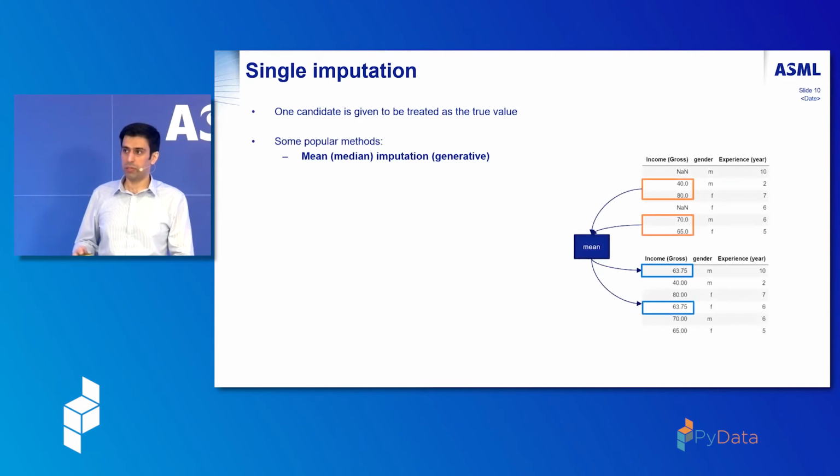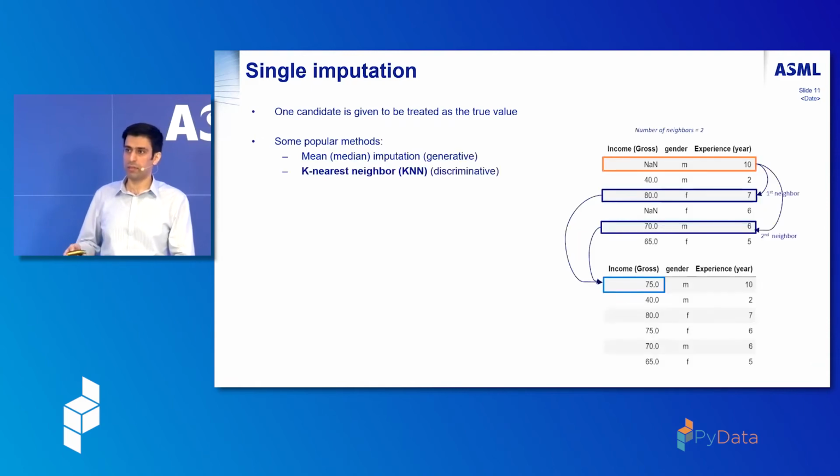As for the single imputation, maybe this is the most common type of imputation we do. As I explained, we want to have one complete version of the data, and there are a number of approaches. You can just go to the literature and you'll find tens of them. Some examples are mean or median imputation, simply looking at the observed values and taking the mean to fill in the missing values. You can use the K nearest neighbor, or KNN, approach. In that case, you consider a neighborhood for the sample with missing values and do the imputation according to the samples in that neighborhood.